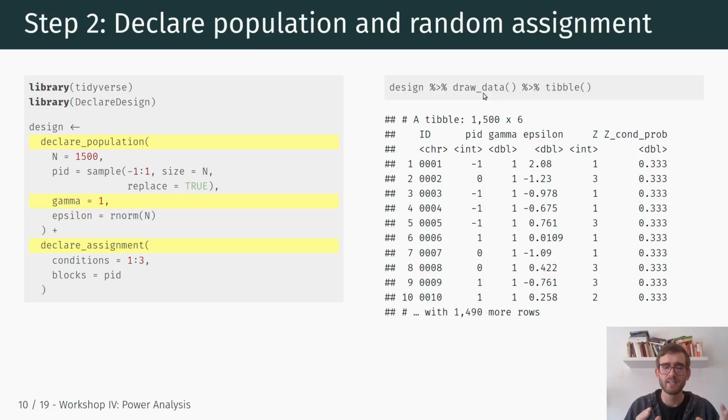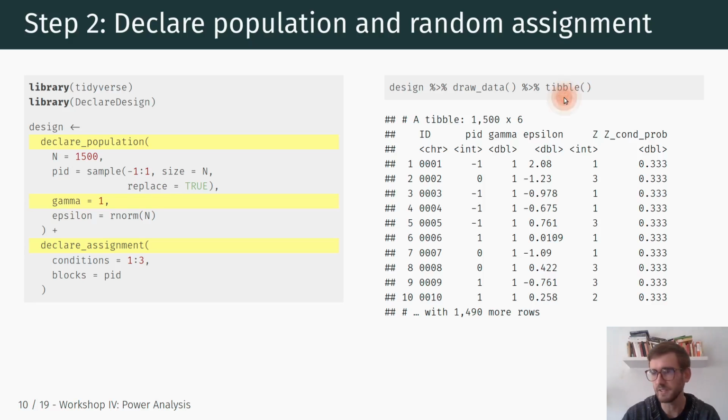What would one sample data set look like that is simulated based on that assumed data generating process? So all we're doing here is taking that design, drawing one data set, which you can think of as one realization of that experiment: 1,500 observations, and given the specifications that we set up, what would that data set look like?